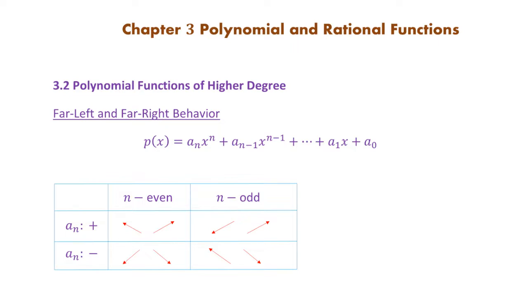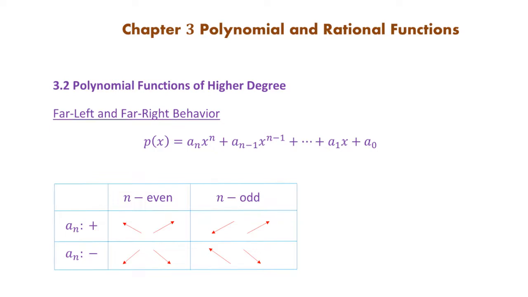Okay, so like 1 times x to the 4th, and we got other terms. Then you don't have to worry about all the other terms. The curve has to go up both on the left and on the right.